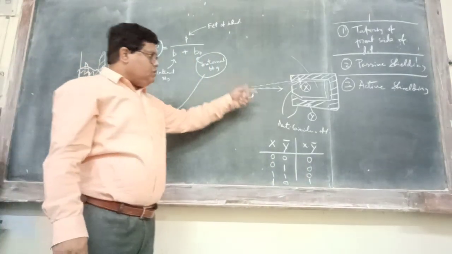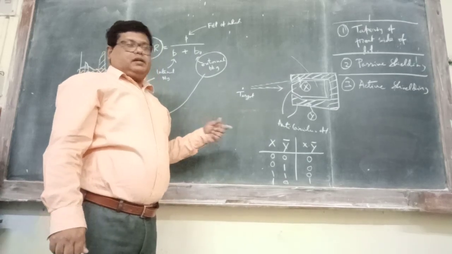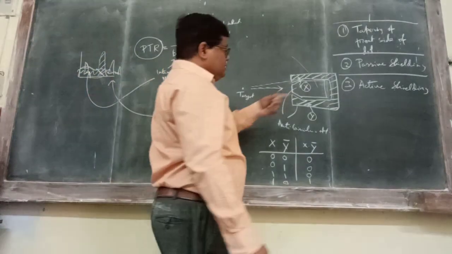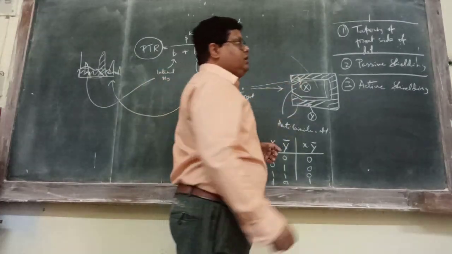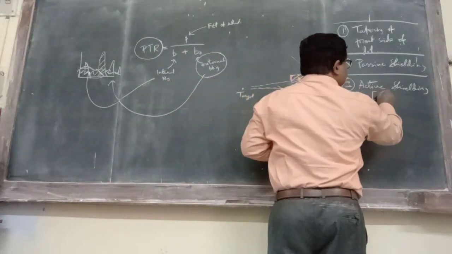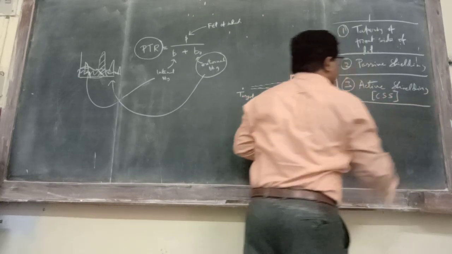So this is the truth table for the anti-coincidence circuit. In this case, the detector and the shield together are known as a Compton suppressed spectrometer, CSS. So this is technique number 3.